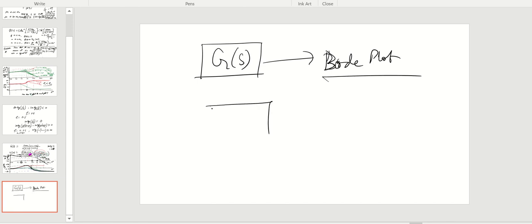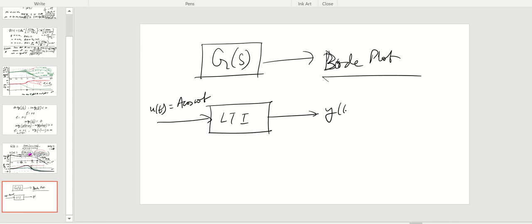If you're given a black box, which you know to be some LTI system, you are allowed to perform experiments where you apply sinusoids, cosinusoids, and you get y(t) = A M(omega) cos(omega t + phi(omega)).